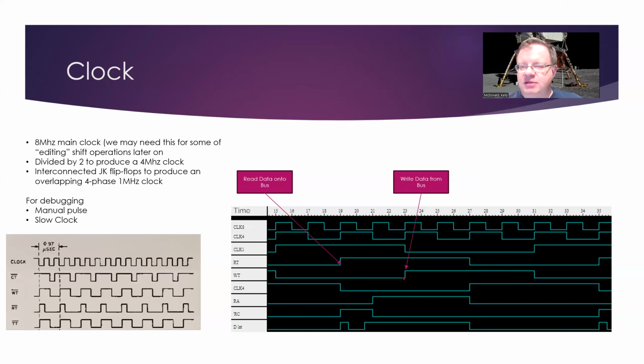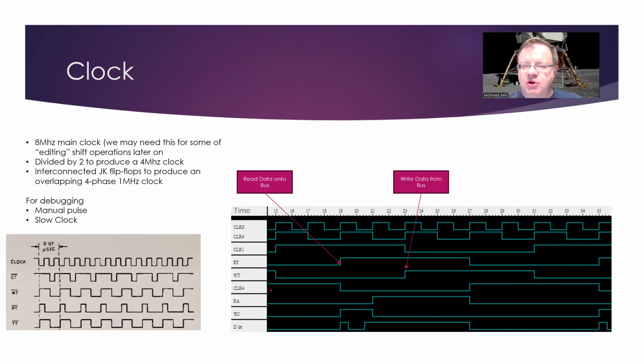Same for the third one: halfway through the second one, it goes positive, and then the fourth one goes positive here. So each one overlaps a bit as we go through this sequencing, and that allows us to generate both our read timer and our write timer.